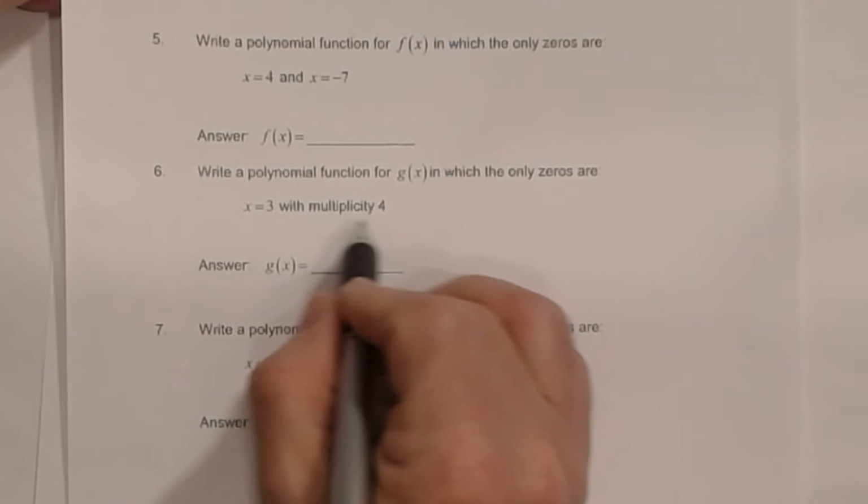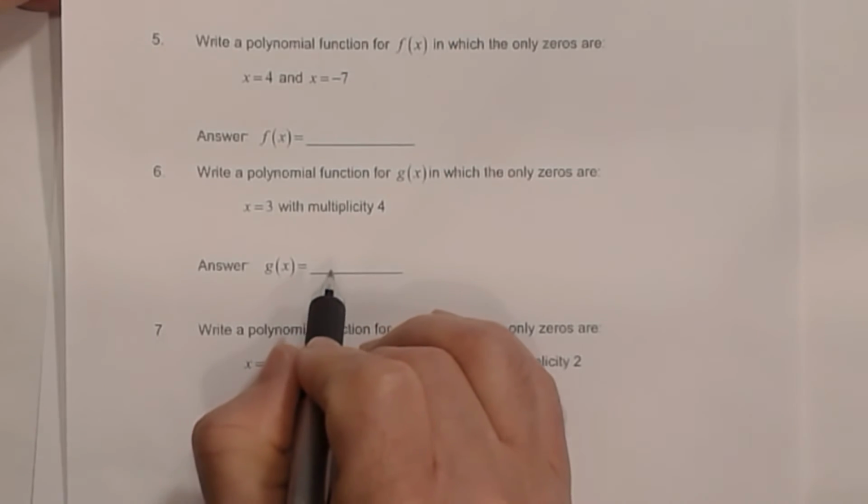Okay? So using that idea with number 6, let me just show you number 6. So number 6 is where you start talking about multiplicity. All right, so remember what that means when we talk about multiplicity.